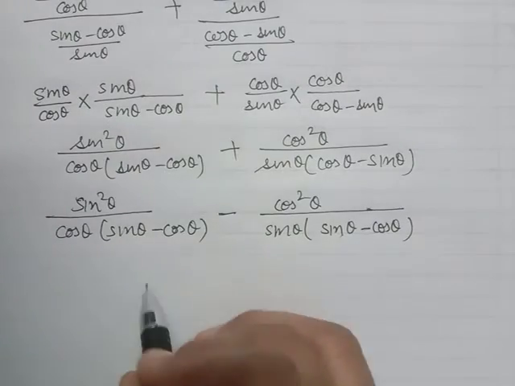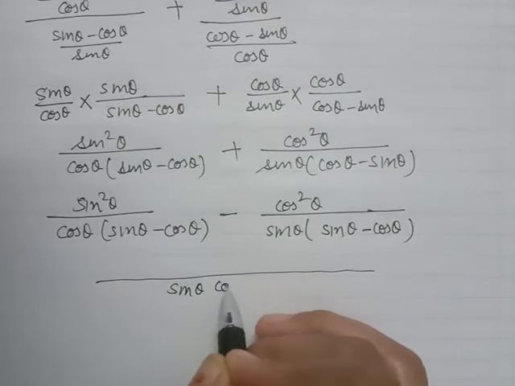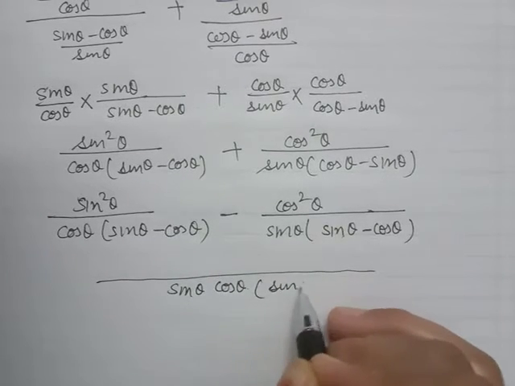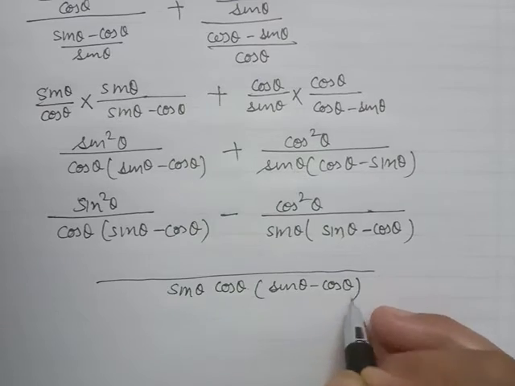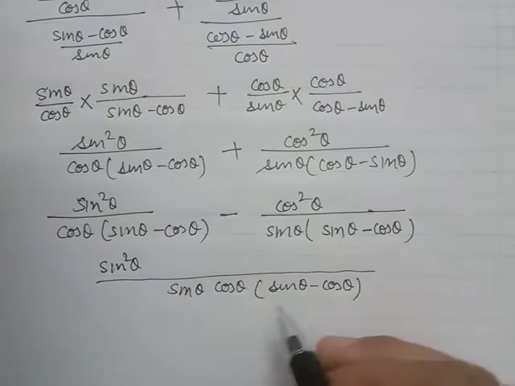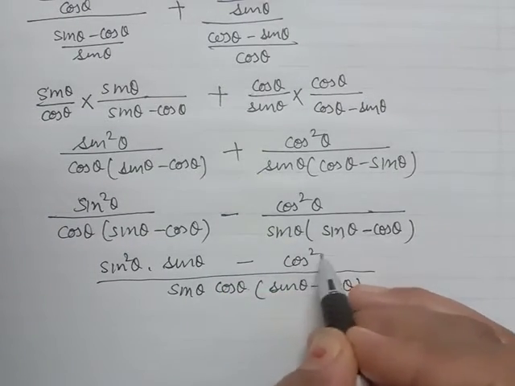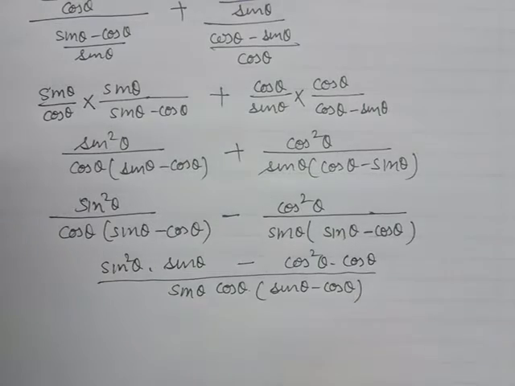Now let us take LCM. LCM is three terms, sin theta, cos theta and this bracket, because this is common, so one time. Now after taking LCM, these two terms will cut down and sin theta is left. Here also cos theta will multiply after taking LCM.